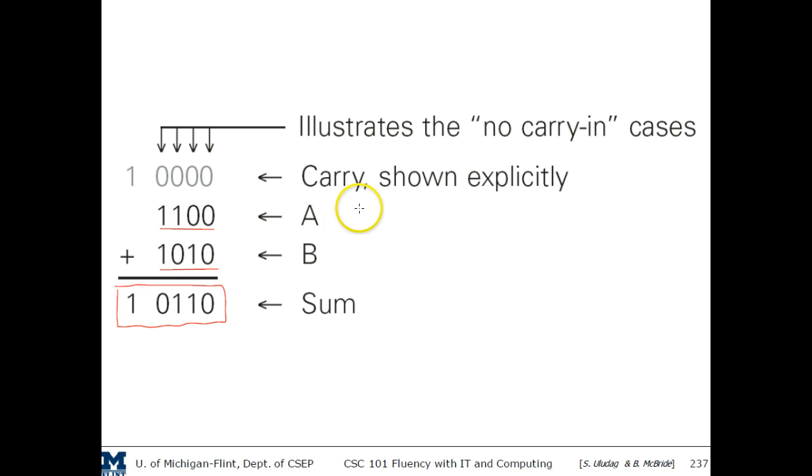So number A is equivalent to a decimal 8 plus a decimal 4, which gives you a decimal 12. And then B is a decimal 8 plus a decimal 2, which gives us 10. And so adding those together, we get 22 decimal.